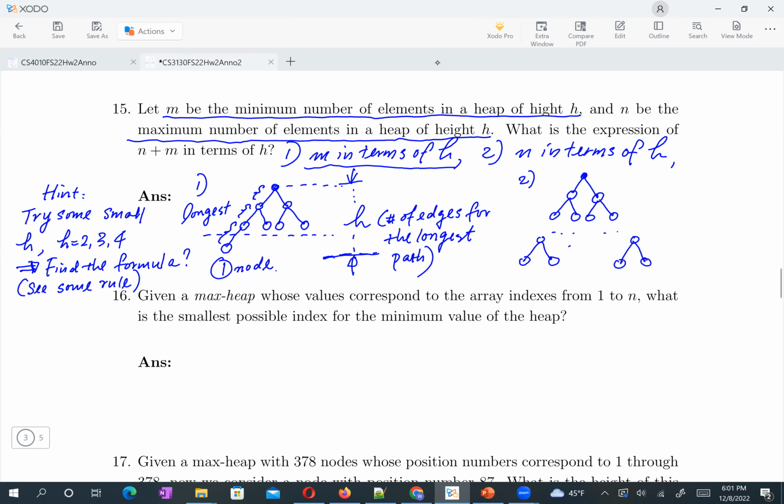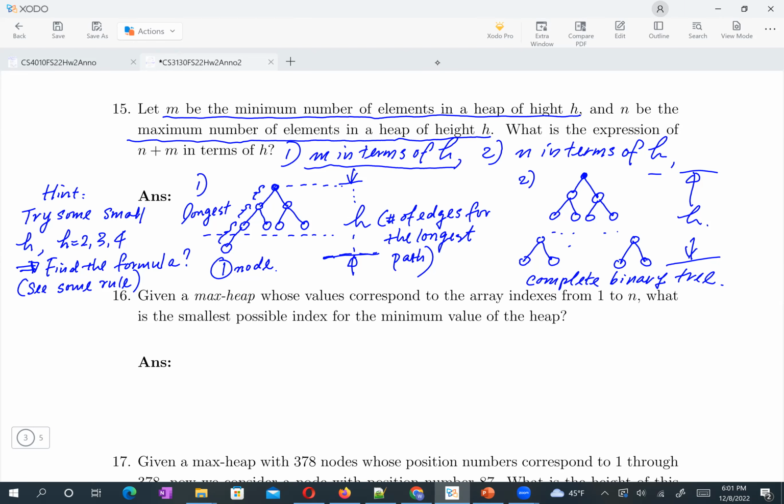All the levels must be filled. That means it is a complete binary tree. Then can you write n in terms of h? Easily, right?